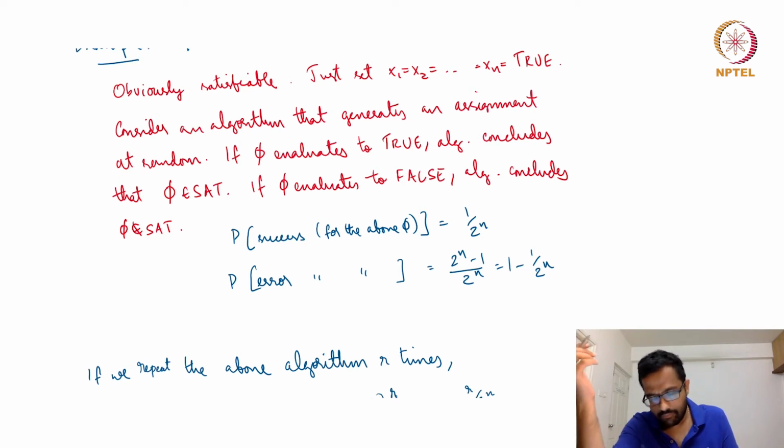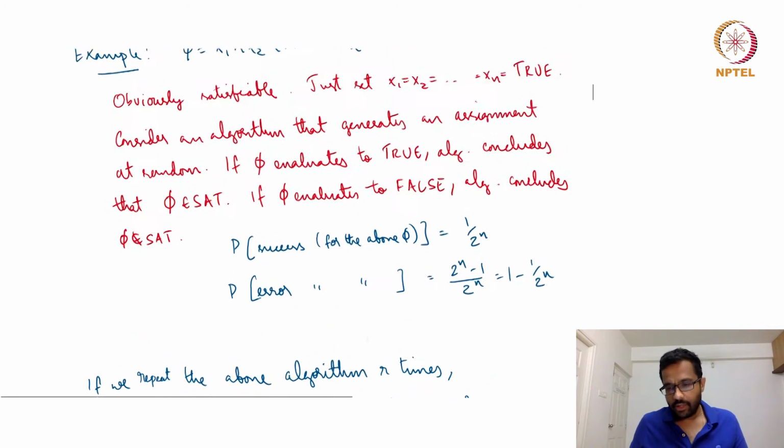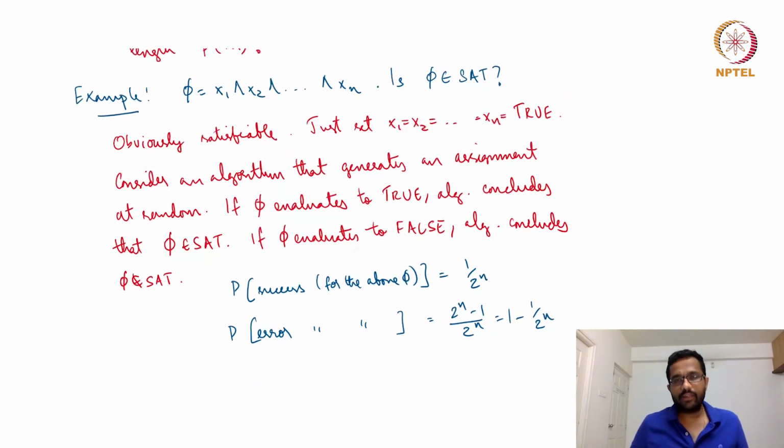It is succeeding, but with a very small probability, 1 by 2 power n. So it's inverse exponential probability, which is very, very small, right? And the rest of the time it is making an error, it is inferring the wrong conclusion, right? So this is an example of a randomized algorithm.